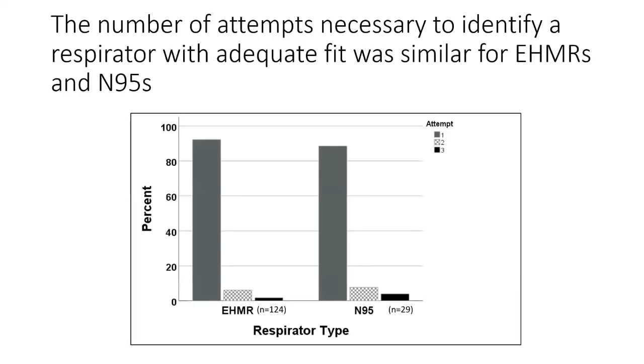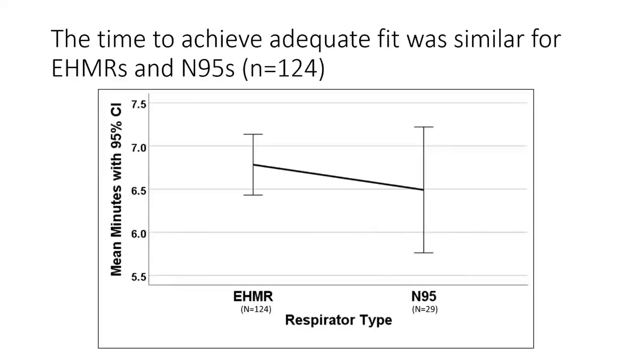For our findings, we observed that the number of attempts necessary to identify a respirator with adequate fit was similar for the elastomeric group versus the N95 group, with the majority only requiring a single attempt to identify a respirator with adequate fit. The time to achieve adequate fit was similar for the elastomeric versus the N95 groups, with an average time of 6 minutes and 30 seconds to complete the fit testing.